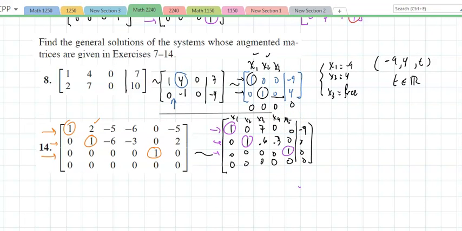So I have 4 of these equations, 1, 2, 3, 4, but I have 5 variables, right? So there is a missing pivot, indicating x sub 5 is free and x sub 4 is free.